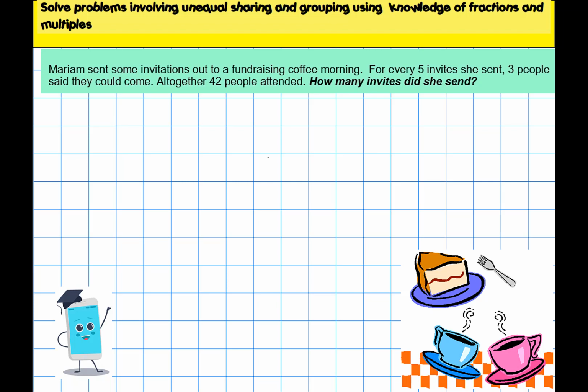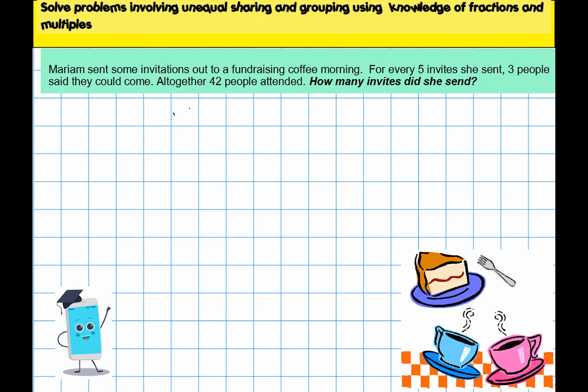Okay, now we need to be careful that we label each part of this correctly. So for every 5 invites she sent, 3 people said they could come. So we need to think about, if she sent 5 out and 3 people could come, how many people then couldn't come?